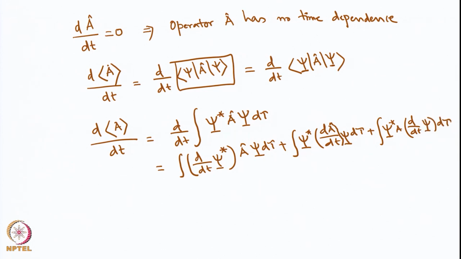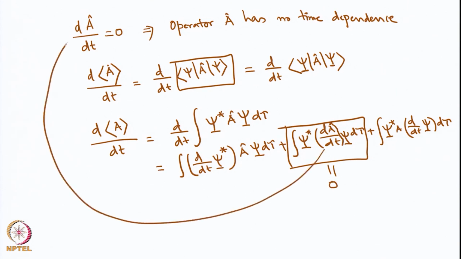So, this I will write as three integrals. Now, we will see that the second integral, this one, is equal to 0, because to begin with we said that dA by dt is equal to 0. So now I am left with only two integrals.